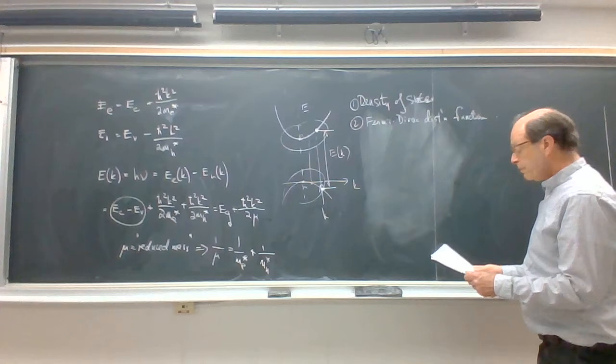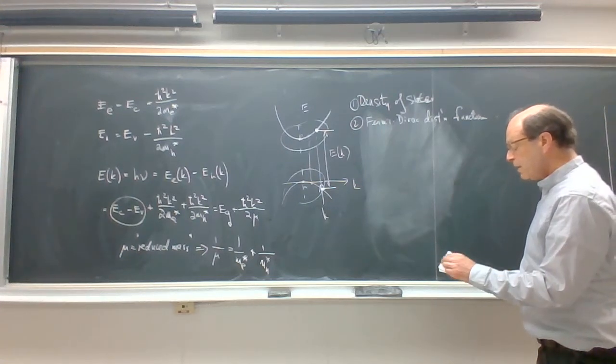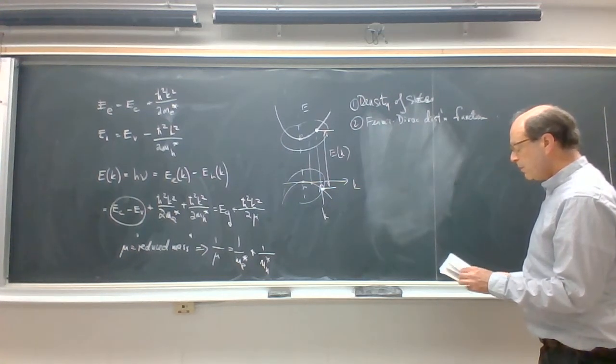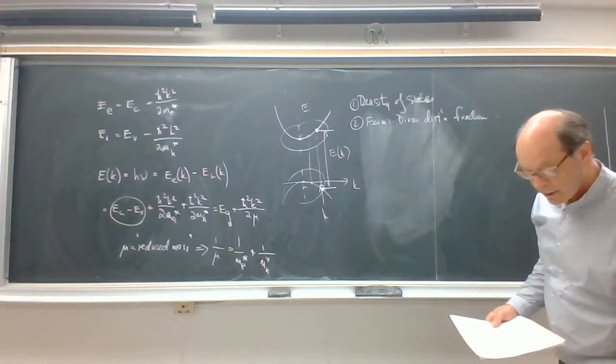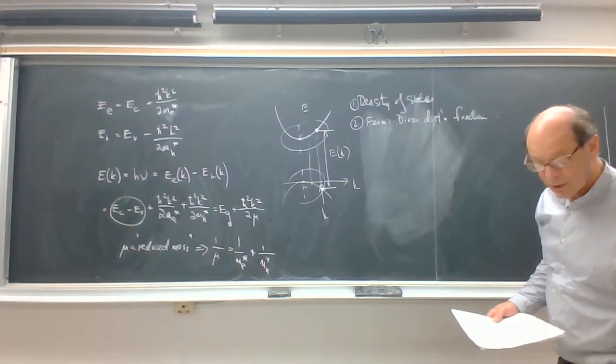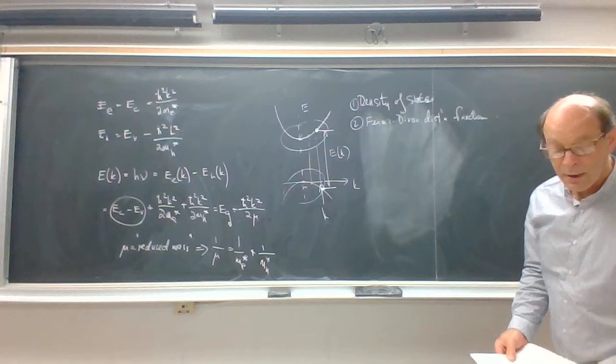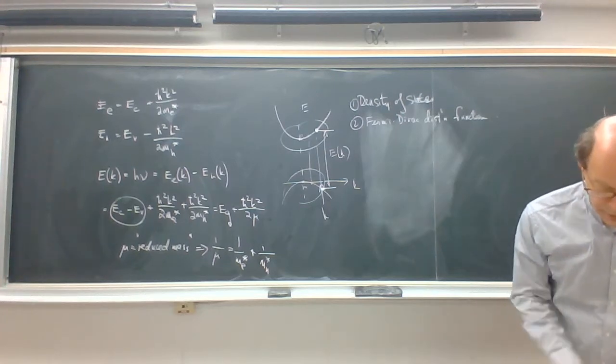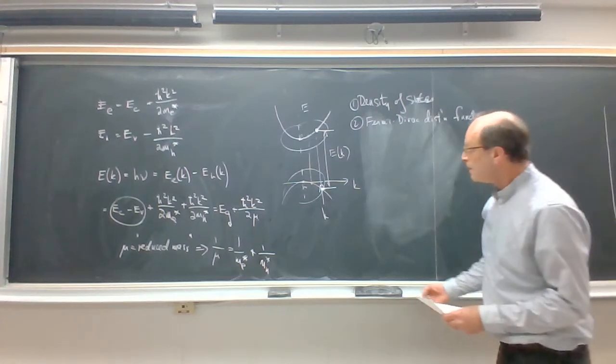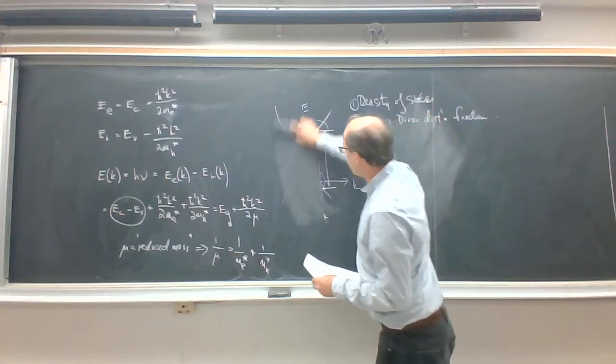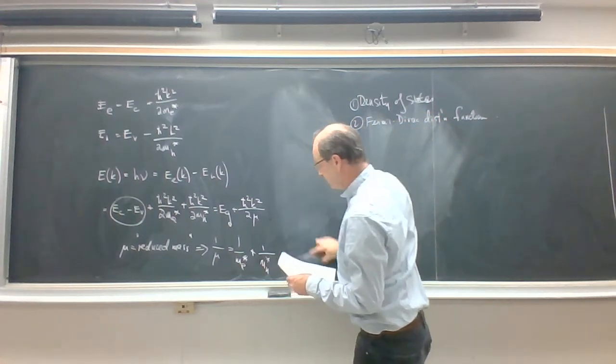So you can picture this diagram in a bit more detail, and I'll sketch it more or less the way it's shown in the book. I'm going to redraw this diagram a little bit more clearly.